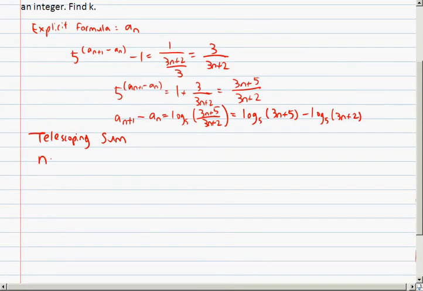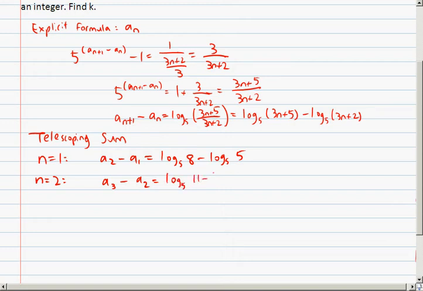So let n equal 1. And when we do so, we have a2 minus a1 equal to log base 5 of 8 minus log base 5 of 5. If n is equal to 2, a sub 3 minus a sub 2 is equal to log base 5 of 11 minus log base 5 of 8.